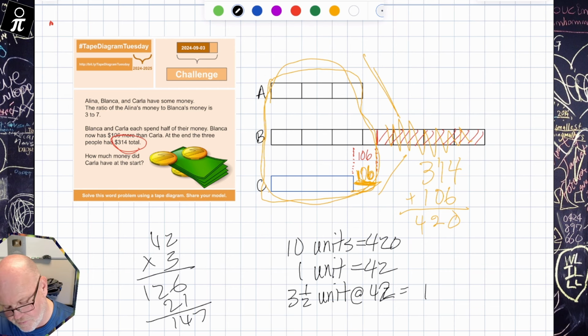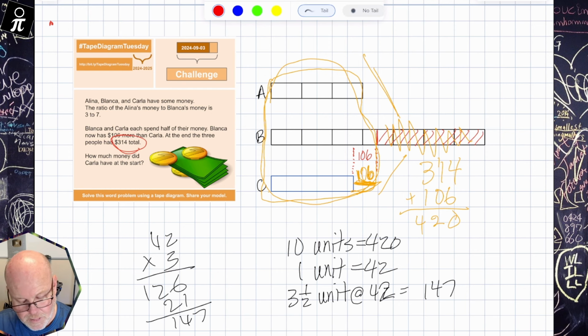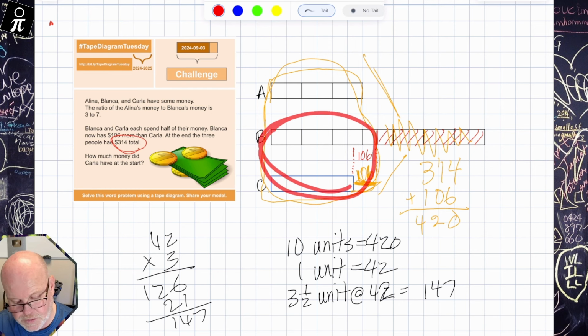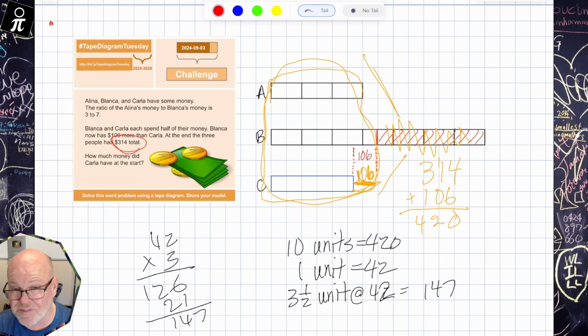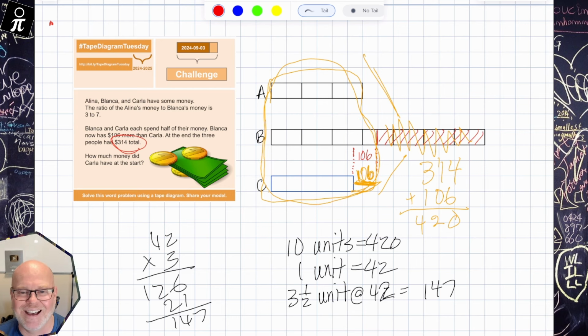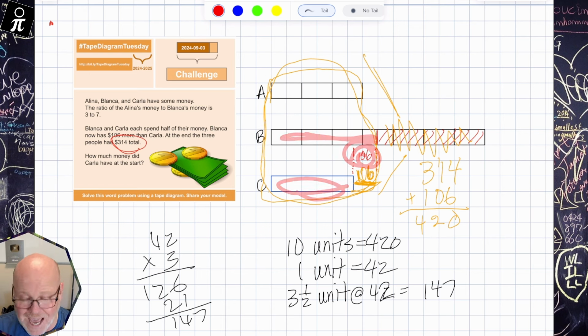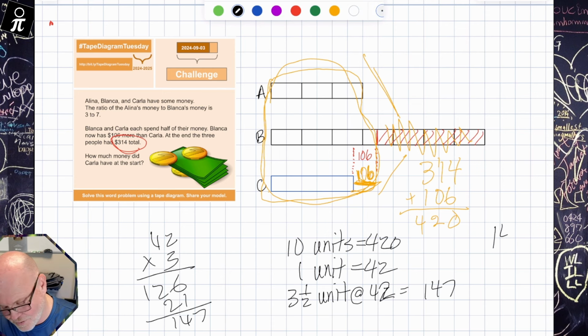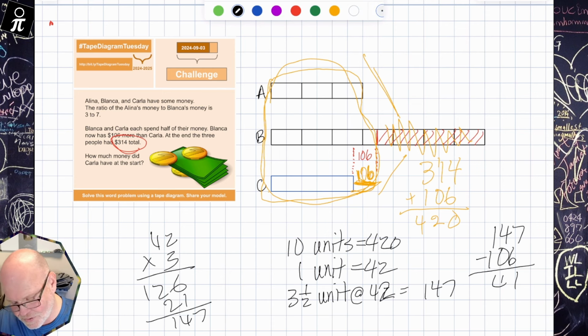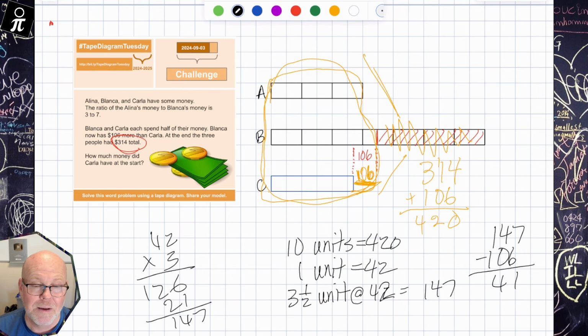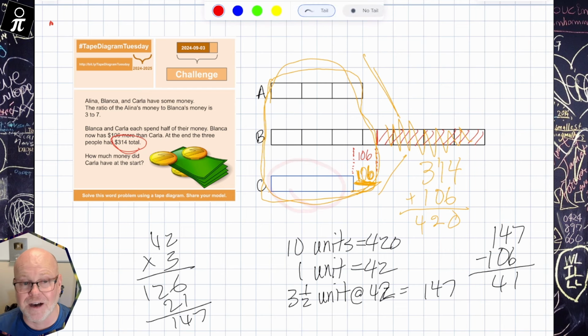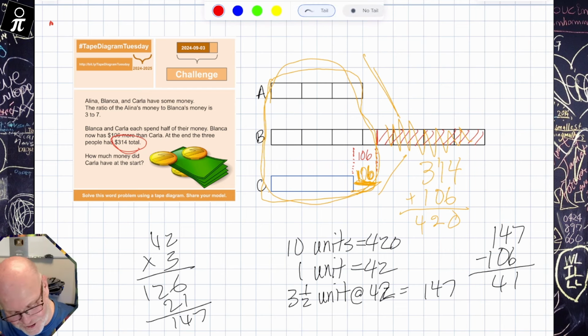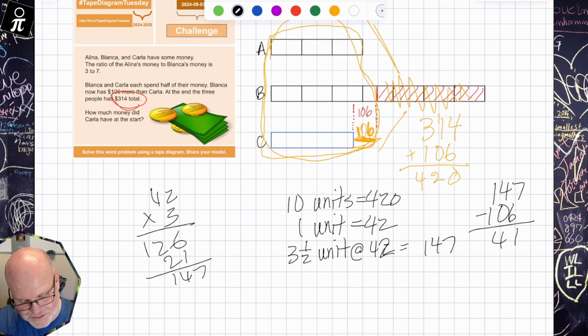That's $147. So these would be 147. But that 147 is 106 more than Carla actually had. So I need to subtract 147 take away 106. That equals $41. But then I have to double it because remember, what we are currently looking at is half of her money. So 41 plus another 41 is $82.